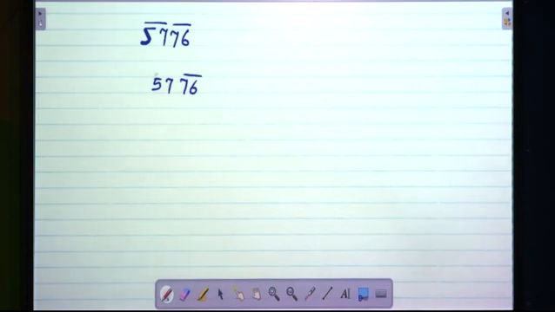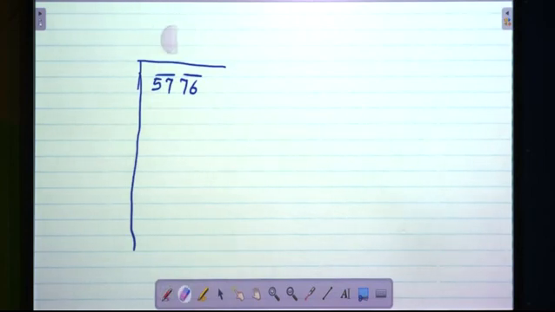The groups have been done. Let us do the division. Oh, it is going crooked. We shall write it here. 5776. Okay. First value 57.